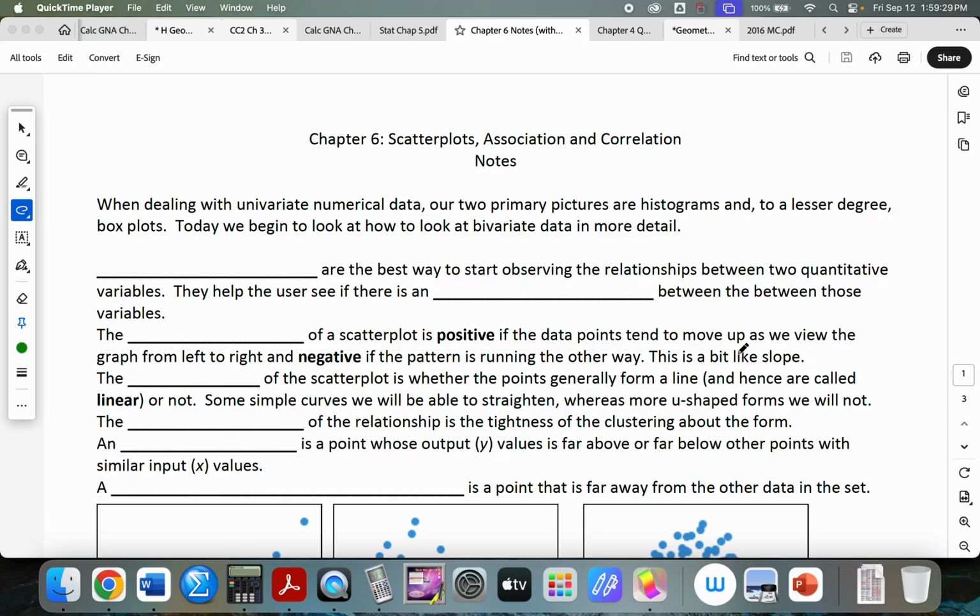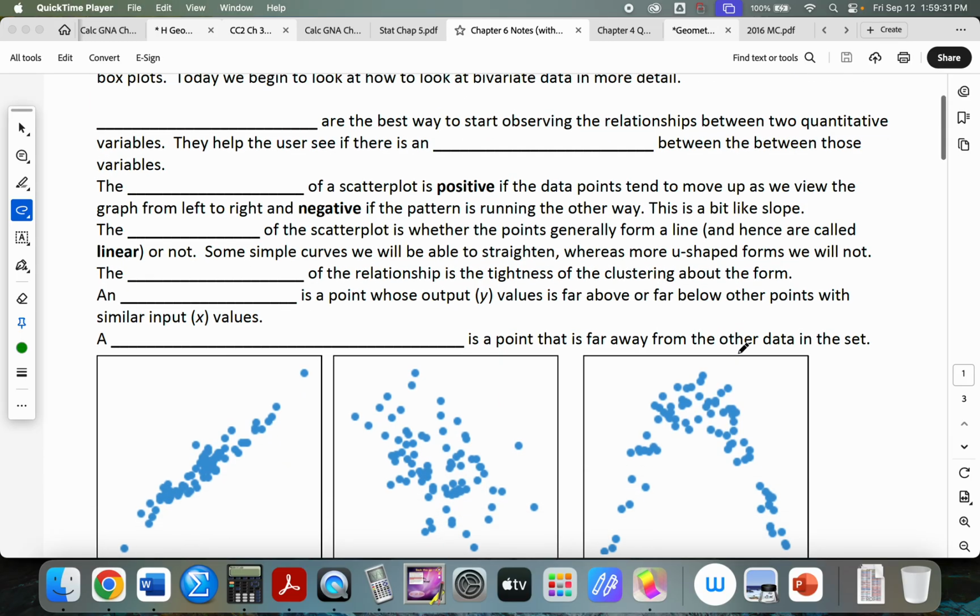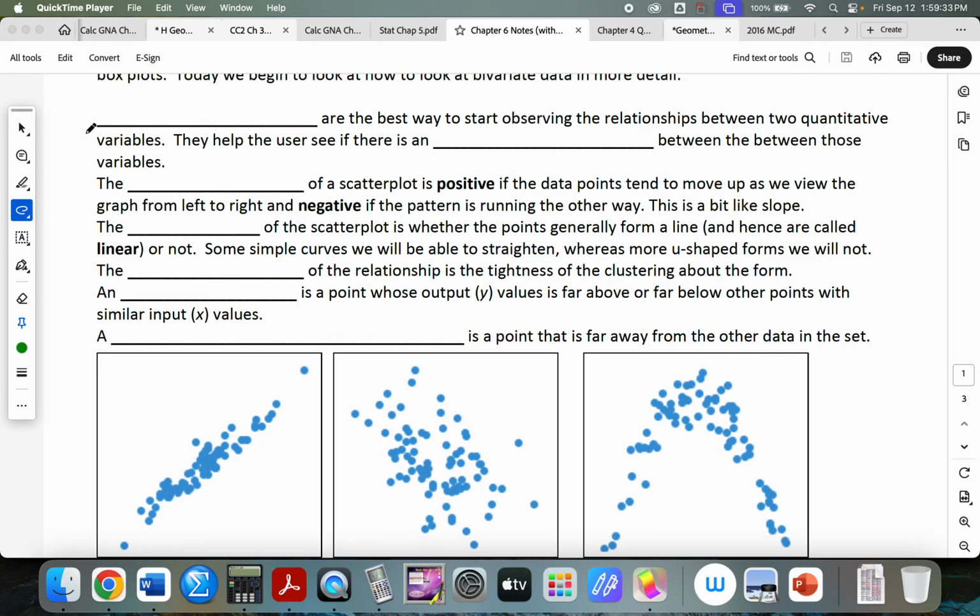You had two variables. So first of all, scatter plots are the best way to start observing the relationship between two quantitative variables. Notice it has to be two and it has to be quantitative variables.